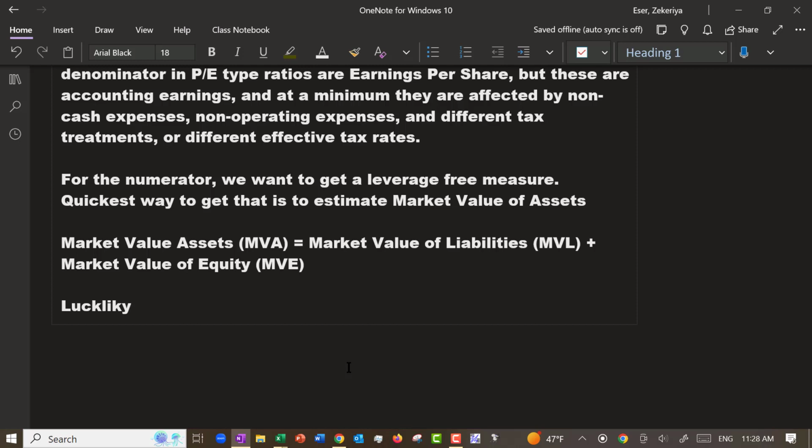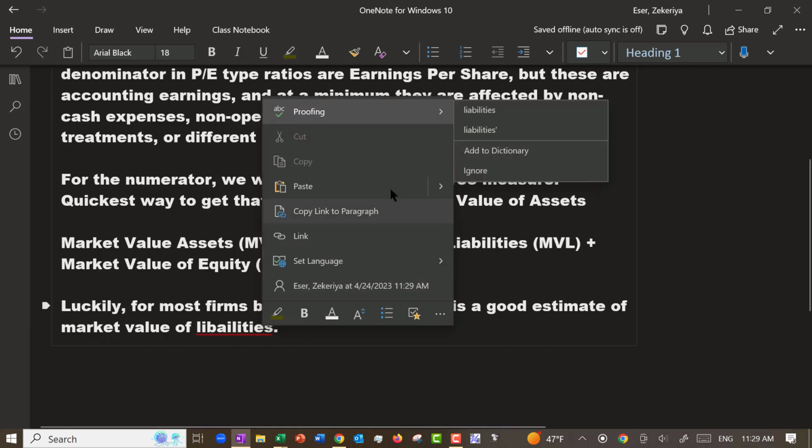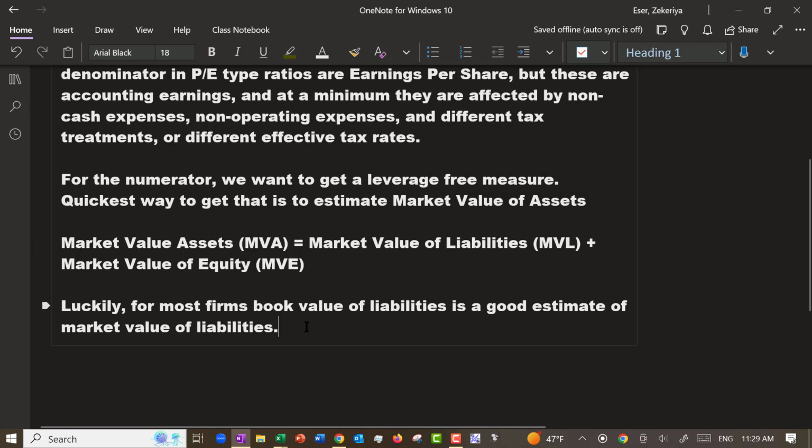Luckily, for most firms, book value of liabilities is a good estimate of market value of liabilities. I mean, it is not a very precise estimate, but for our purposes, we want something that's good enough.